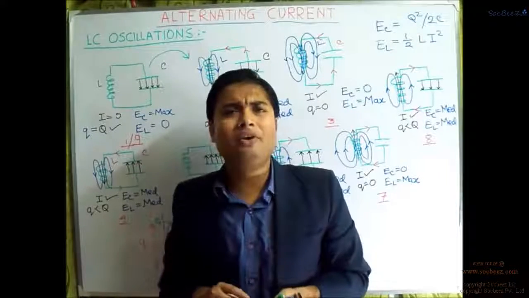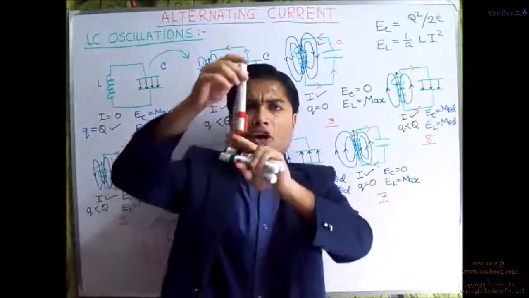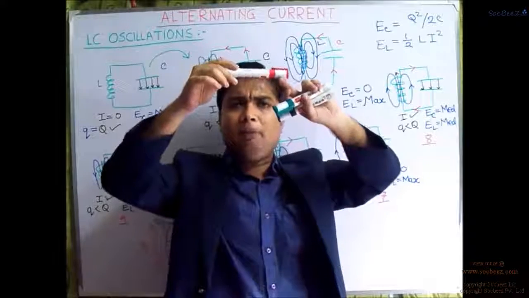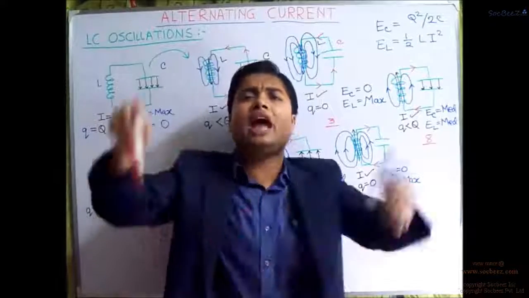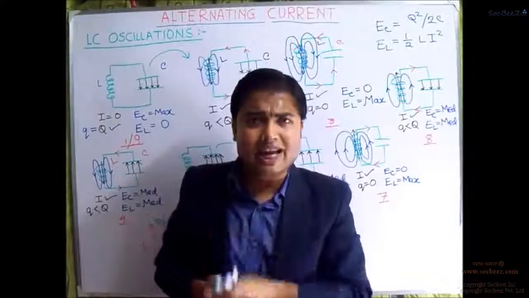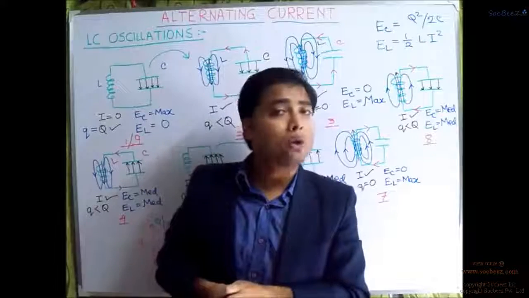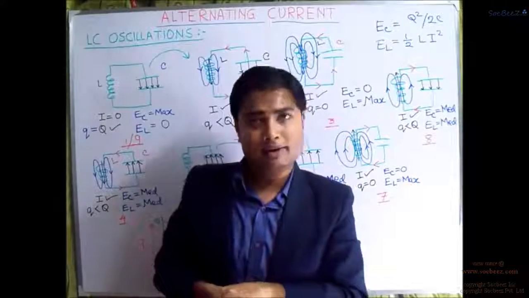Now, have you ever imagined, if you were to displace this bob, it would simply go to and fro, to and fro, to and fro forever? Have you seen this case? No. And you could not, because there is some friction of air.